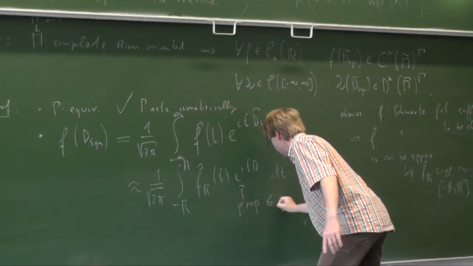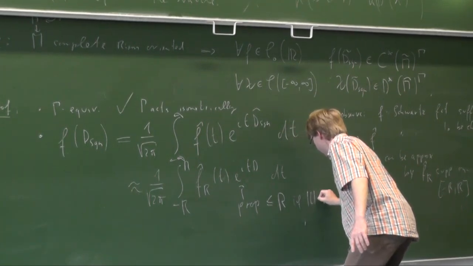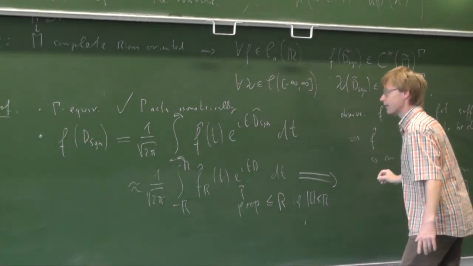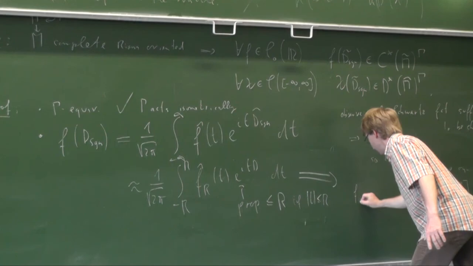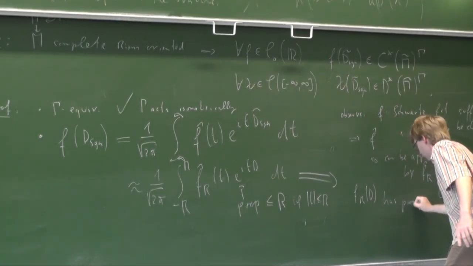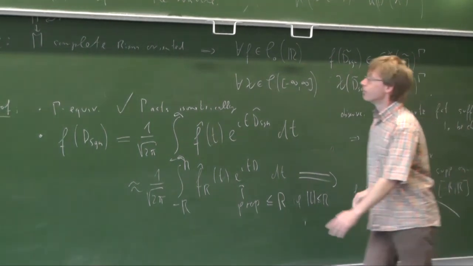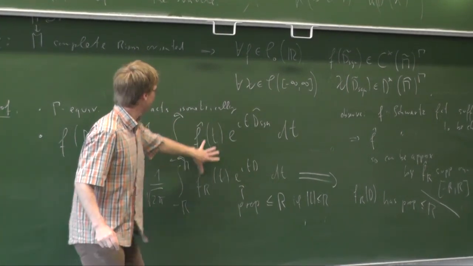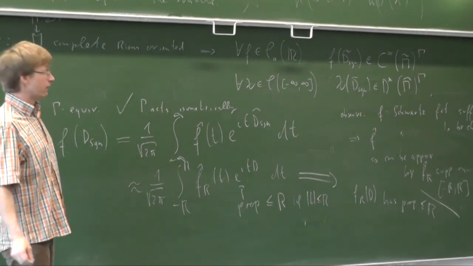And so we conclude that this operator here, we call this f r of D, has propagation only r. And as r goes to infinity, this approximates better and better that operator, and we have the convergence in norm.